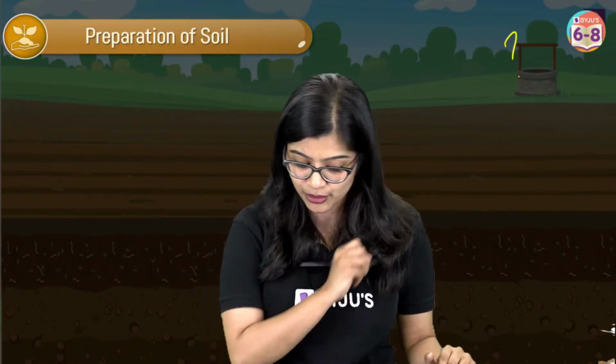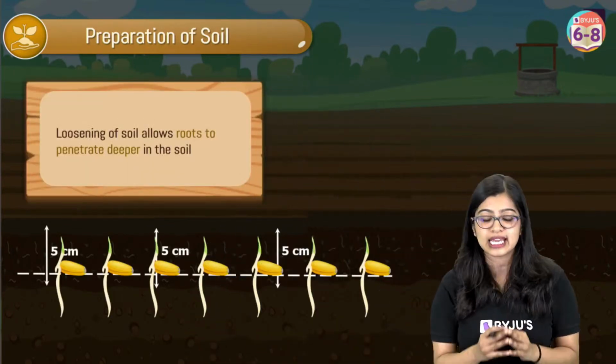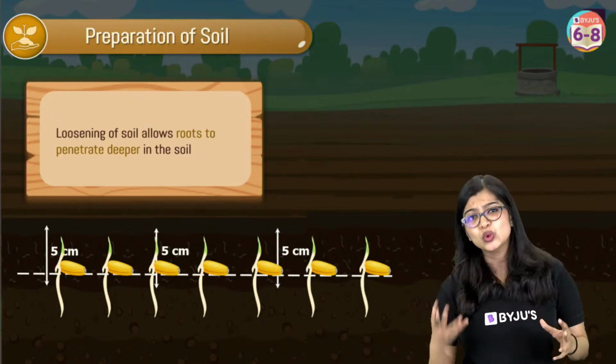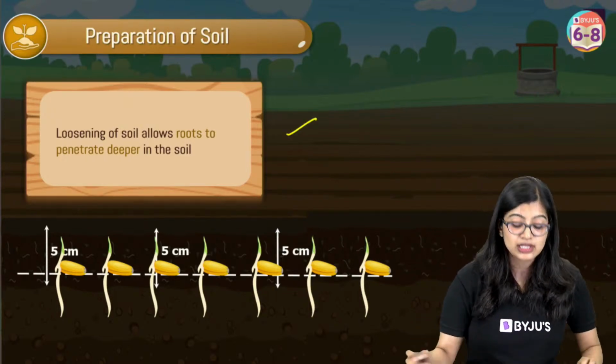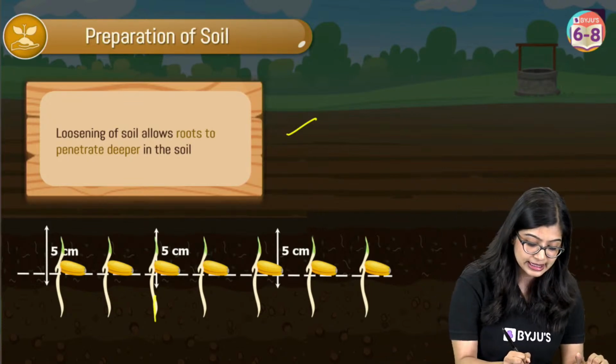Yes, Achyut, it will bring up the soil and create small pores. Most of you have covered it already. I am so proud of all of you for being so ahead of everything. So effectively, preparation of soil or loosening of the soil is necessary so that it will allow the roots of the plants to penetrate deeper.